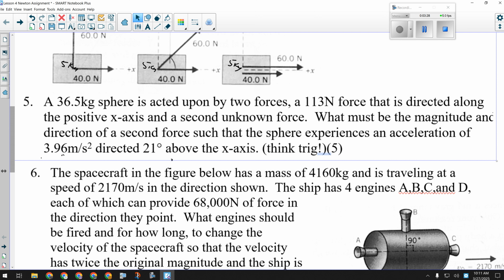You have to find the missing force. Now the hint I will give you here is that the missing force is not vertical. People make this mistake, like this force that's directed along the x-axis is the x component. It is not. The other force is angled. It is not vertical.